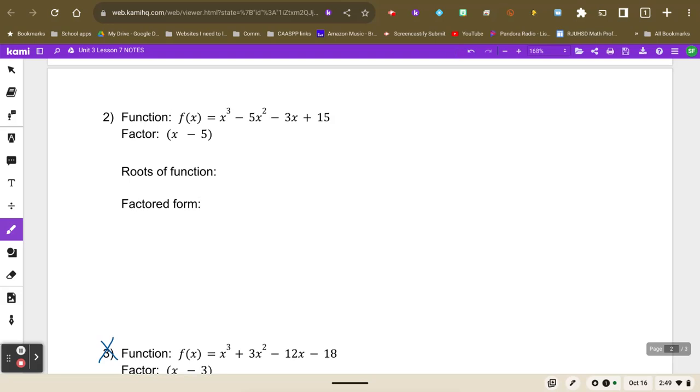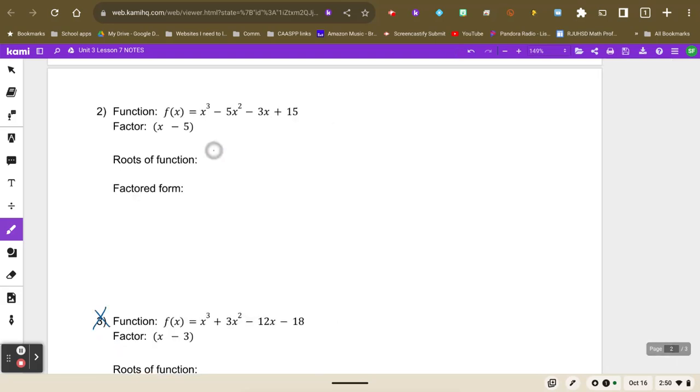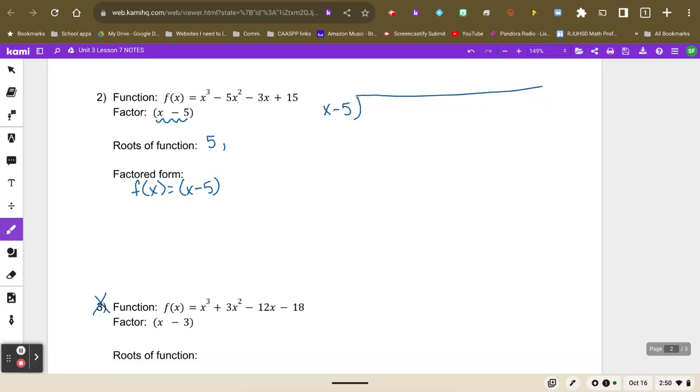We know we have a root at positive 5, and our factored form we have is x minus 5. Okay, and then we're going to write x minus 5 into our long division, and we're just going to write the rest of our polynomial.